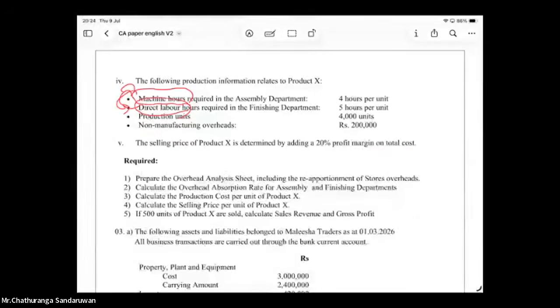So make it markup, or cut this off. Margin is also okay, but there is a word missing, right?